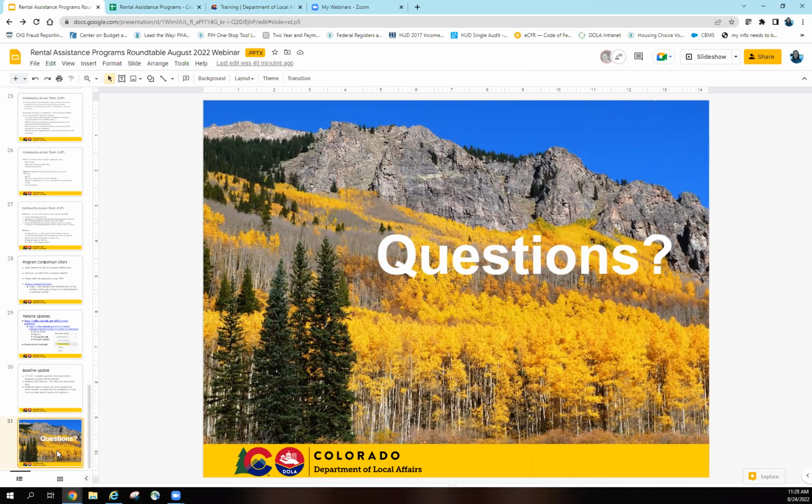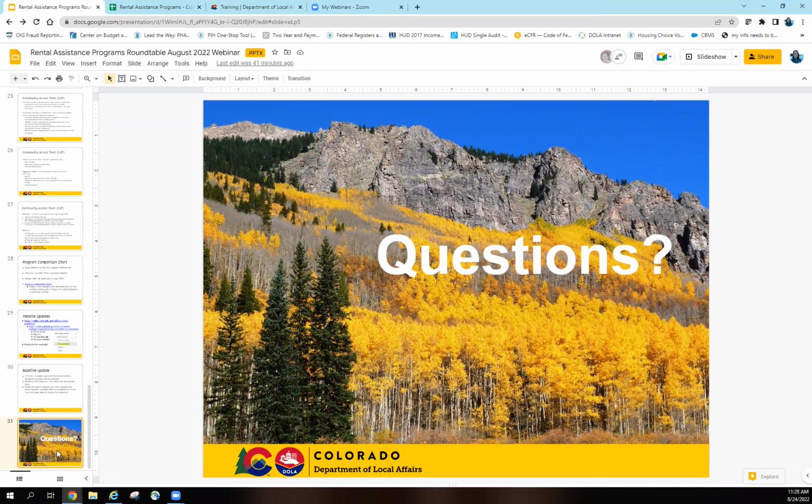Sure. The reason we didn't focus on the 811 project rental assistance in this presentation is that we don't ask any of the voucher contract agencies to actually help us manage that program. We are doing it all in-house. But I appreciate that you've heard of it and you want to learn more about it. We basically have a grant from HUD to provide project-based rental assistance in specific properties.